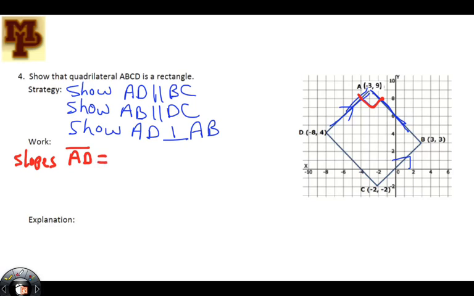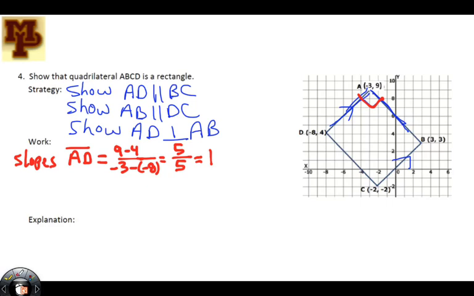So it looks like we're going to have 9 minus 4, and then on the bottom we're going to have negative 3 minus a negative 8. So on the top it looks like it's 5, and then on the bottom that's negative 3 plus 8, so that's actually 5. So this is slope of 1.